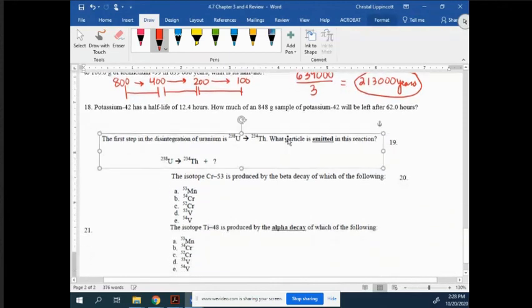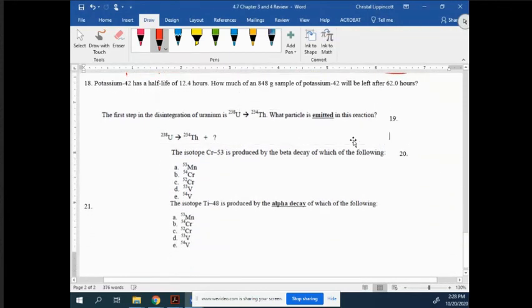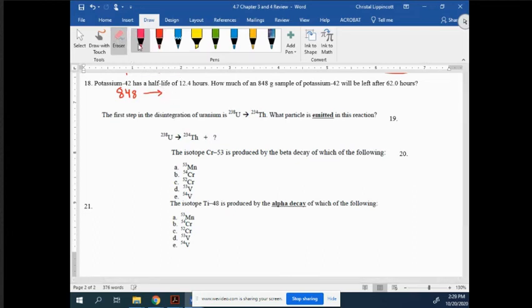All right, next one. We have potassium here. Potassium has a half-life of 12.4 hours. How much of an 848 gram sample will be left after 62 hours? So we're going to divide it down. I'm going to go in half here. So that's going to be 424, and it would have taken a total amount of time here of 12.4 hours.